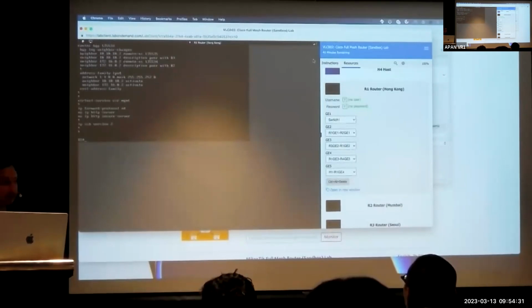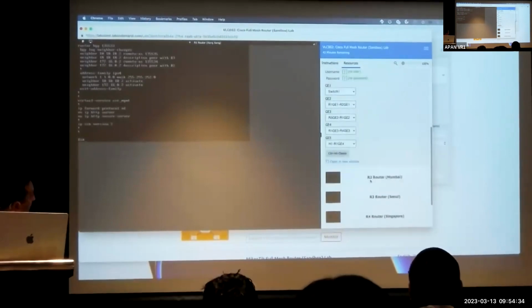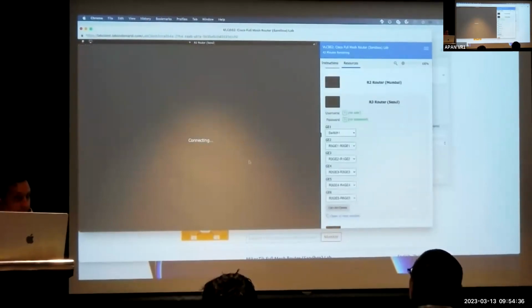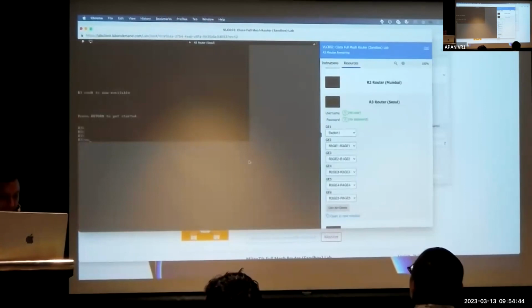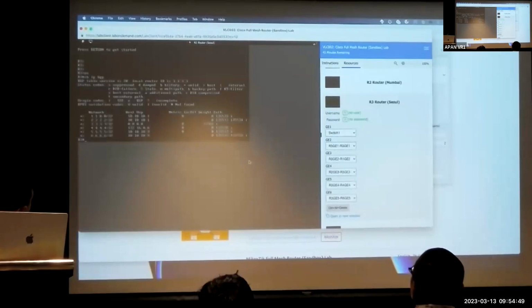If I go to router 3 and look at what I'm getting from router 1, I'm seeing 1.1.0.0/22 from router 1. Similarly, other routers are also advertising their own prefixes, but all of these are /32 prefixes, right? So this is what router 3 sees.